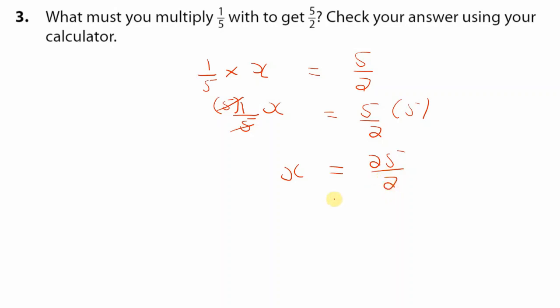We have 2 at the bottom. 2 goes how many times into 25? 12.5 times. 2 goes 12 times into 24, remainder of 1 over the bottom 2. Yes, 12.5 times.